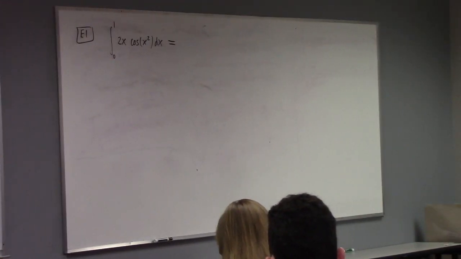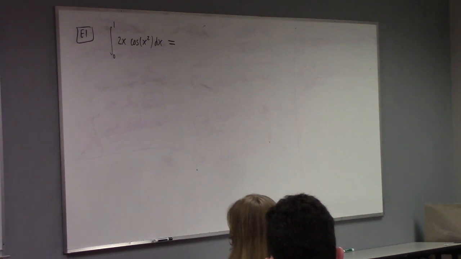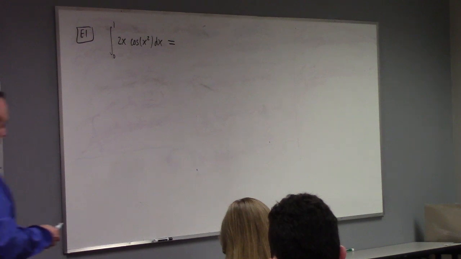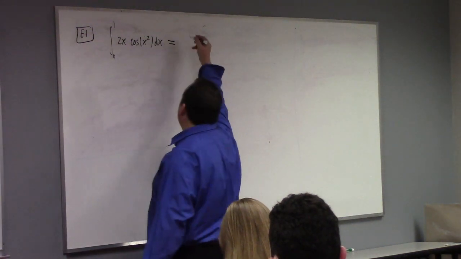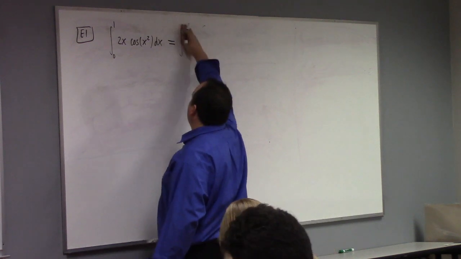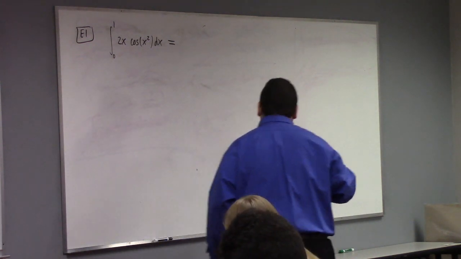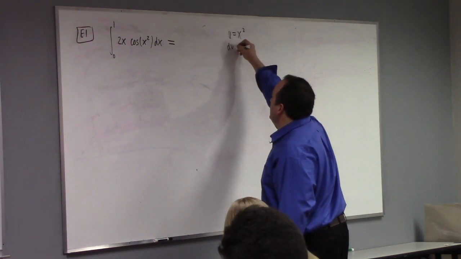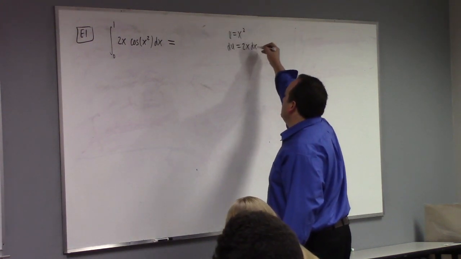A u substitution, that's good. Yes, so that is where we're assuming you guys got to last semester. If that's not the case, I'm sorry. Come to my office hours, I'll try to give you some pointers on that stuff. But so we should do what? We should let u equal x squared. That makes du 2x dx.